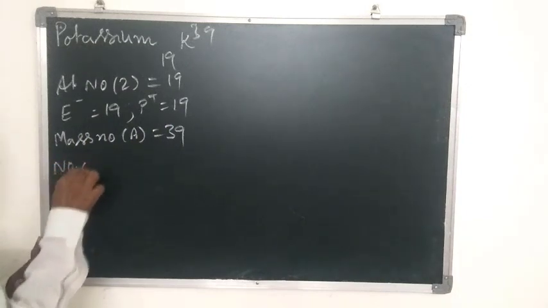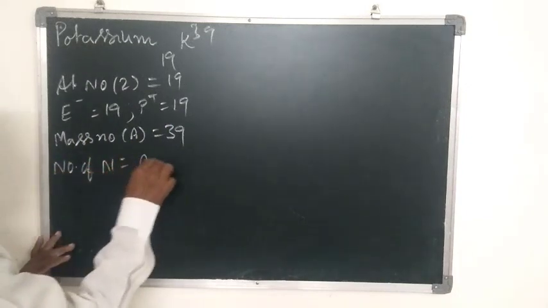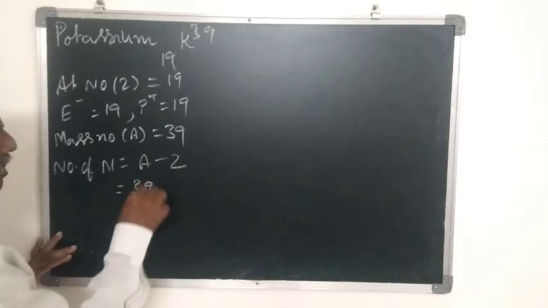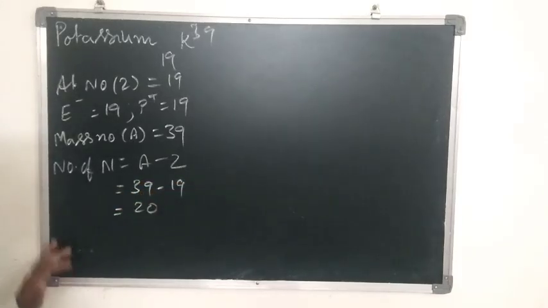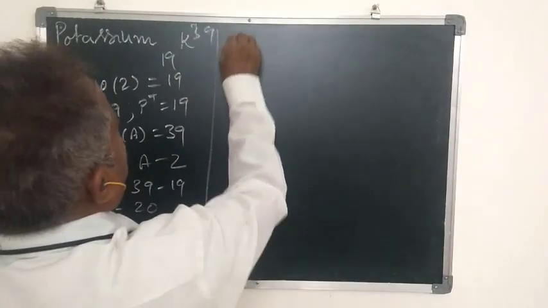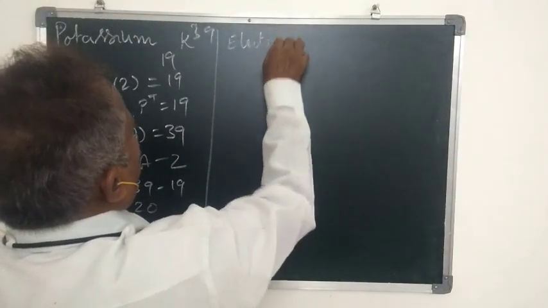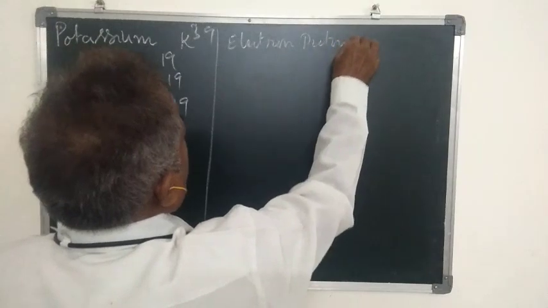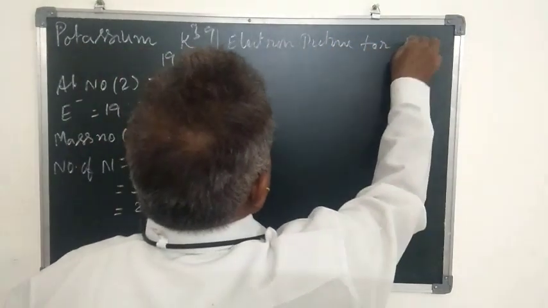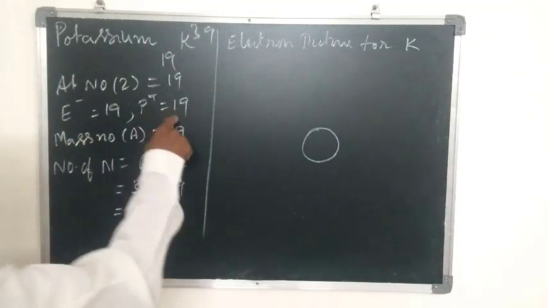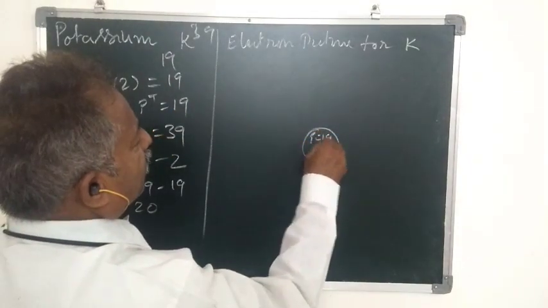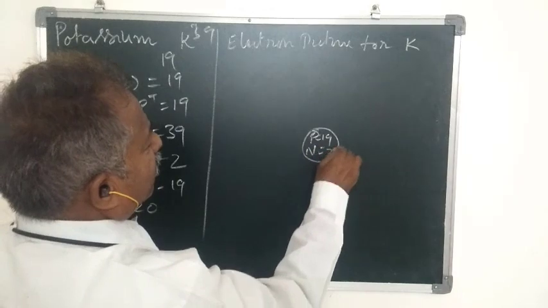So, number of neutrons equal to A minus Z, 39 minus 19 is 20. Now, electron picture for potassium. Nucleus of potassium. Number of protons 19. Number of neutrons 20.